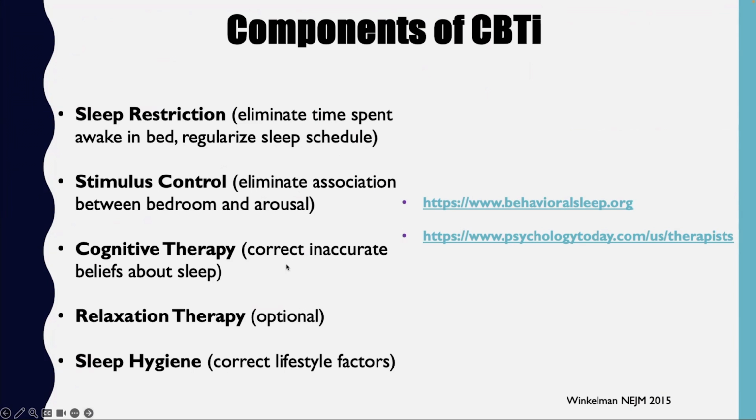There's relaxation therapy, which can include serial muscle relaxation or imagery. And then there's also sleep hygiene, which helps correct lifestyle factors. What I want to emphasize here is that CBTI is a lot more than just sleep hygiene. It's all encompassing, and it helps you change your beliefs about sleep and your habits around sleep.